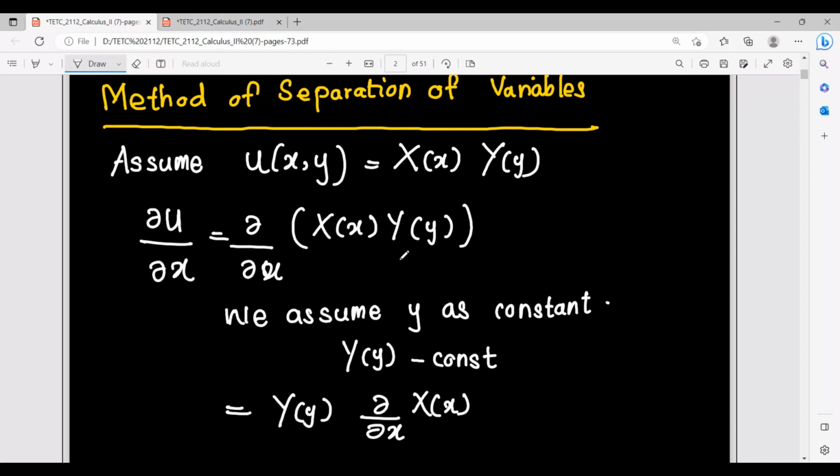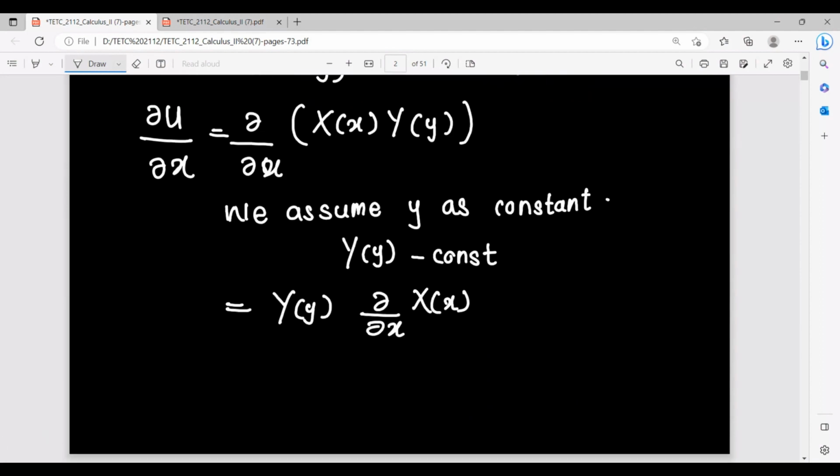We are using the notation X dash to represent the derivative of X, no? So we can write this as capital Y of y times X dash of x.